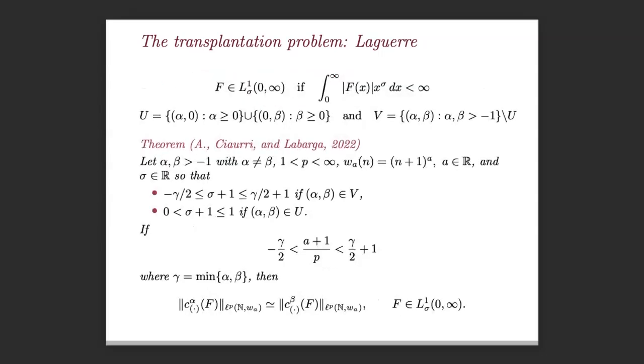Finally, to establish a transplantation theorem for Laguerre coefficients, we need to introduce the space of functions L^1 sigma on the positive real line. We say that a function f belongs to this space if this power-weighted L^1 norm is finite.